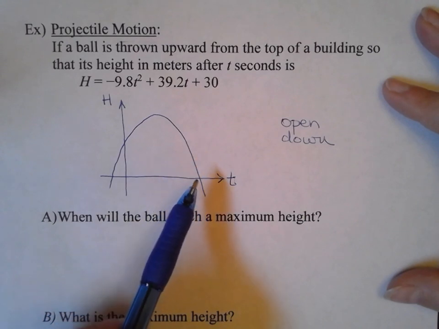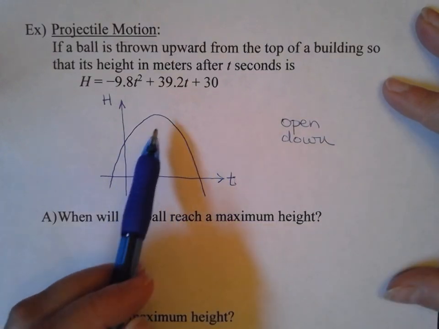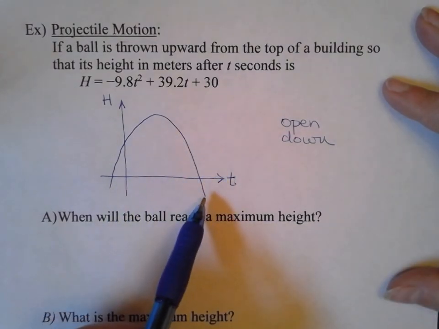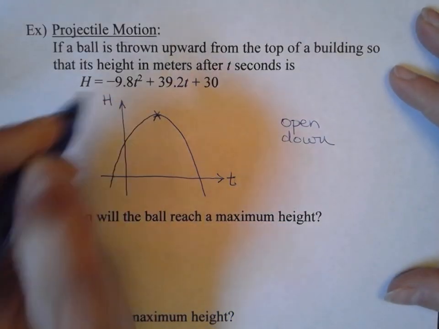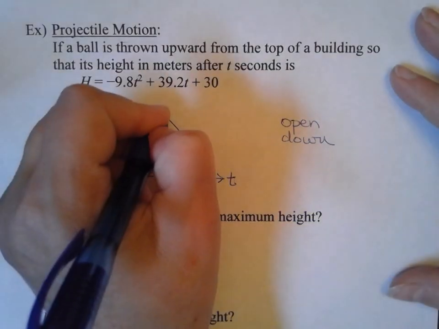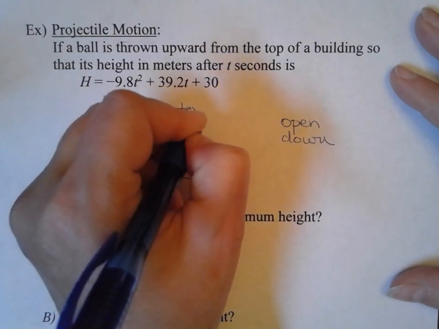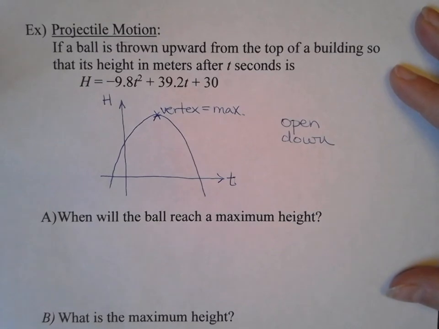The ball is falling to the ground. Okay, maybe it goes straight up and straight down. Maybe it does travel in this sort of trajectory path. We don't know. Either way, it's definitely for sure that this is the place where I'm going to find the maximum height. So in this case, the vertex is a maximum. It's definitely because the parabola is opening down.